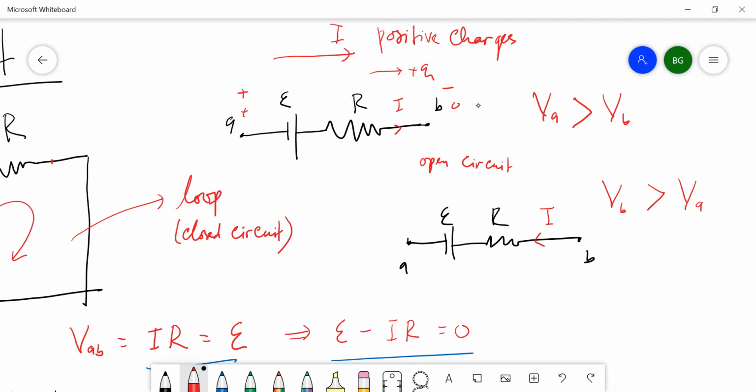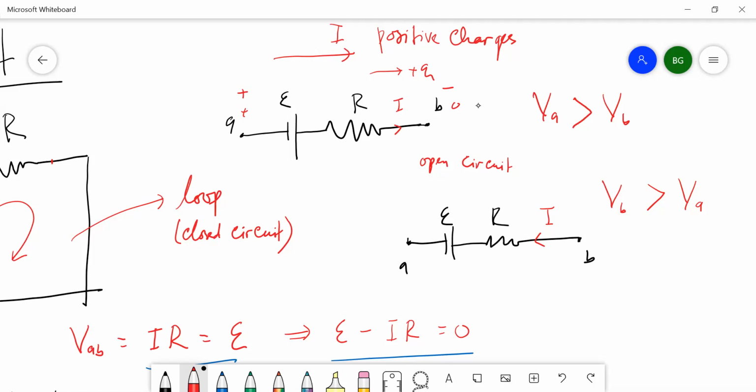Okay, if you know the direction of the current, the direction of the current is the same as the direction of the positive charge flow through the wire.